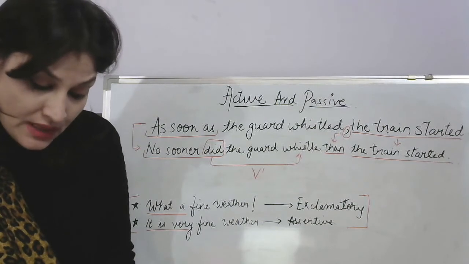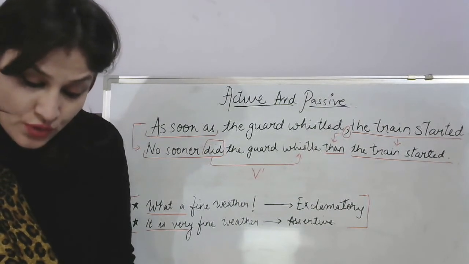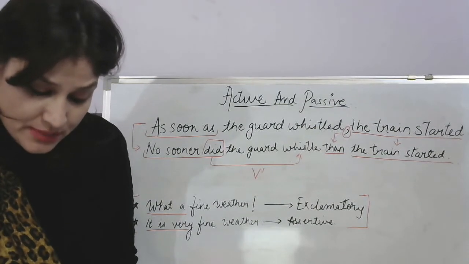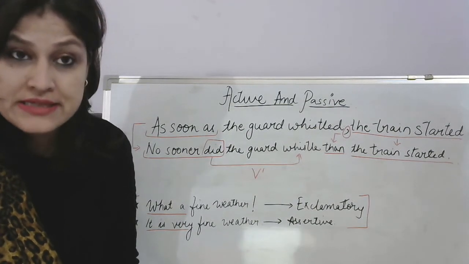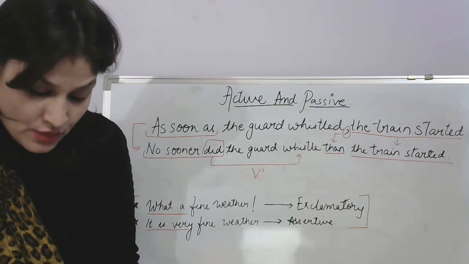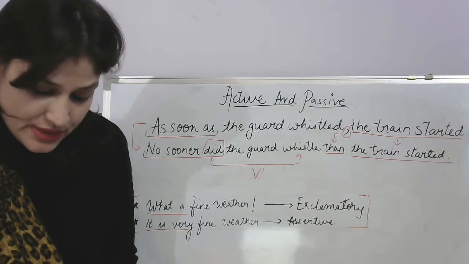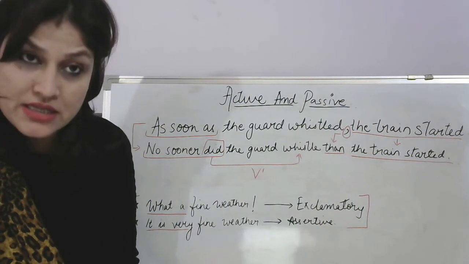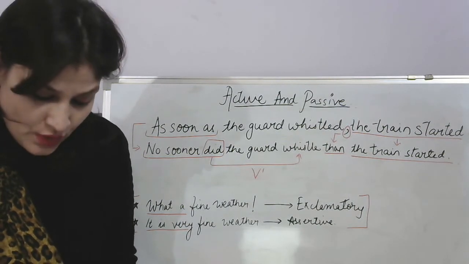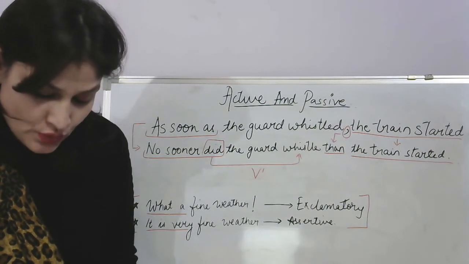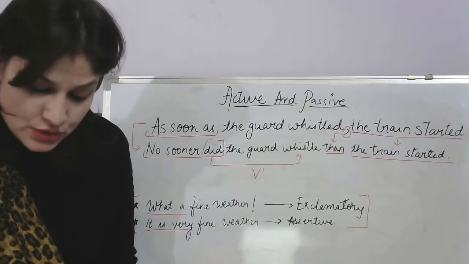Let's see. I study in the school which was established by my father. My father established the school in which I study. No sooner did I enter the train than it started. The train started as soon as I entered it. You cannot succeed unless you work hard. You must work hard if you want to succeed.